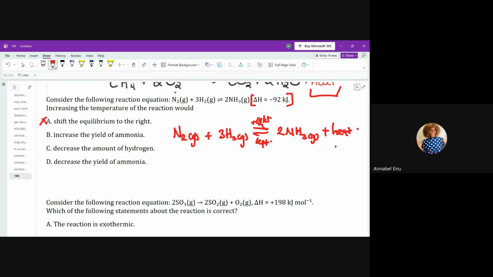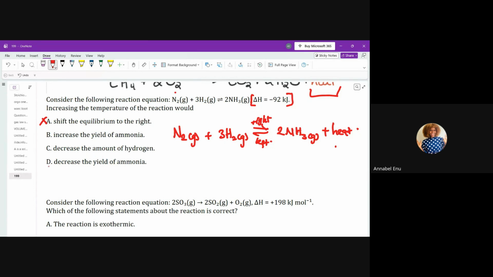Since our equilibrium is moving towards the left and this is an exothermic process, hydrogen is not going to be decreased.